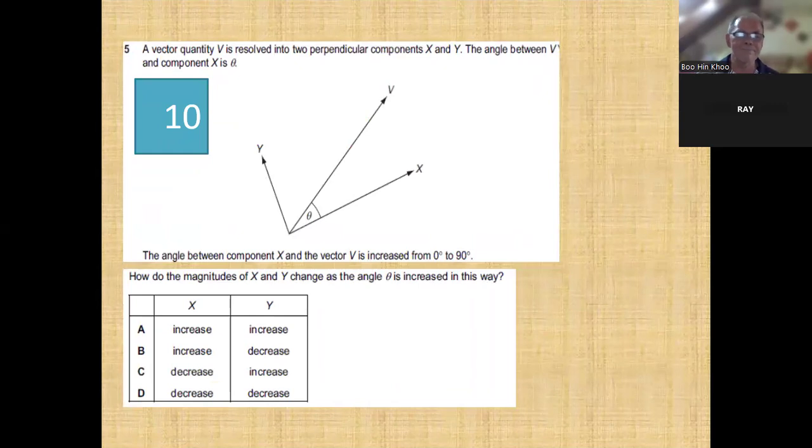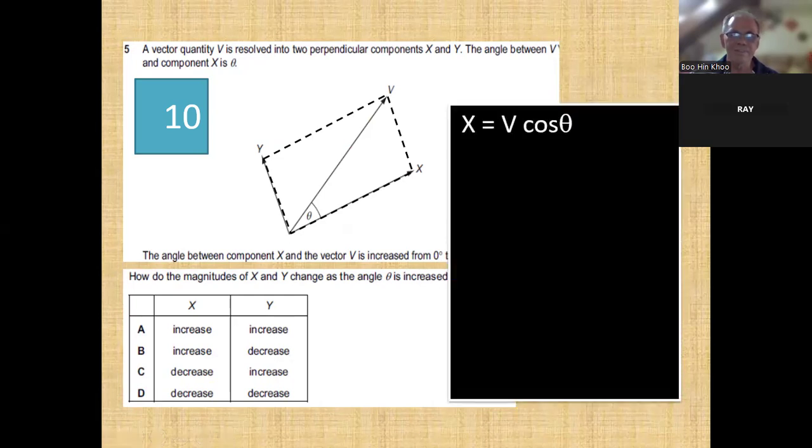How about this one? The angle between vector x and vector v is increased from 0 to 90 degrees. How do the magnitudes of x and y change as the angle theta is increased in this way? Now, x is v cos theta, y is v sin theta.